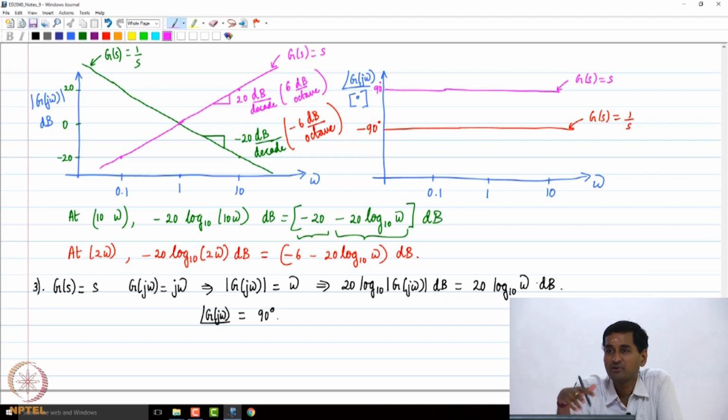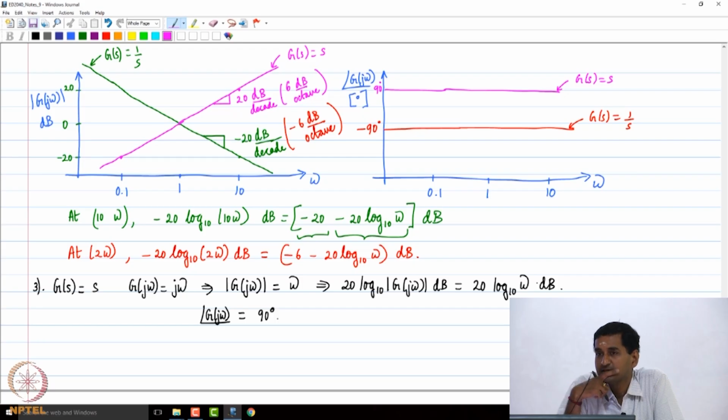I hope it's clear how I plotted it, right? Pretty straightforward once we get a hang of what is happening, right? So how did we plot this? Using the formula, right?